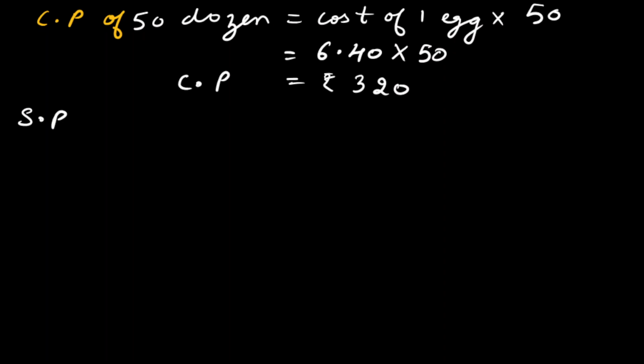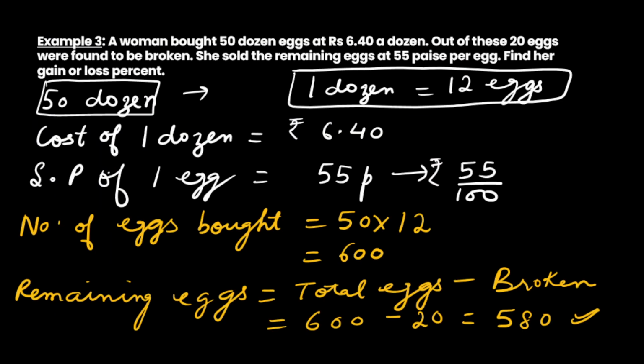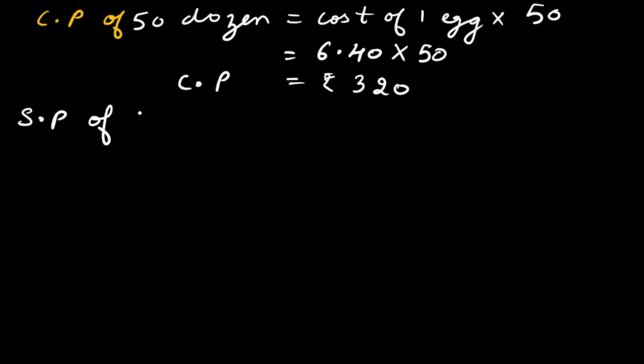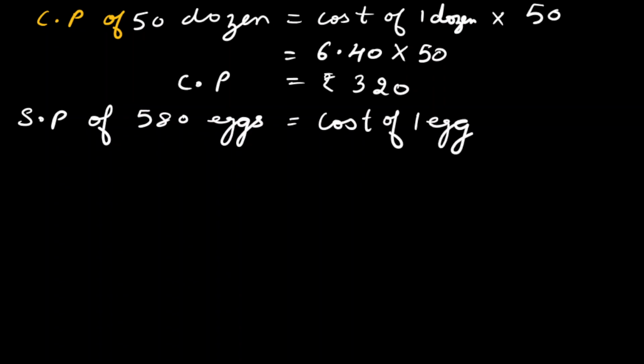Now we'll find the selling price. How many eggs are there? Because 20 are broken, 580 eggs are there. So we need the selling price of 580 eggs. Here we multiplied the cost of one dozen by 50, because in case of cost price we don't know the cost of one egg, we only know the cost of one dozen.